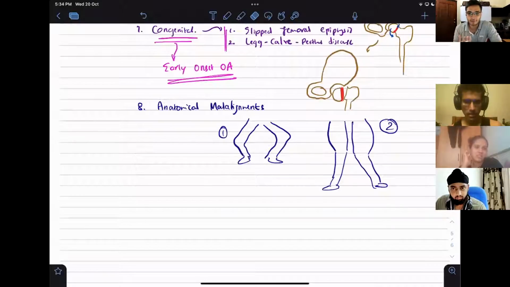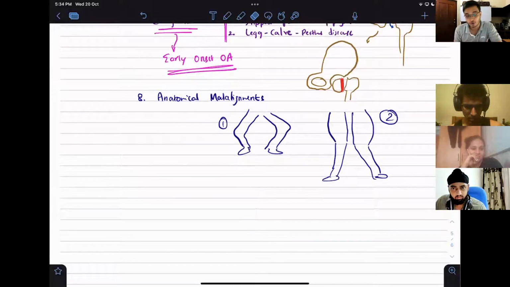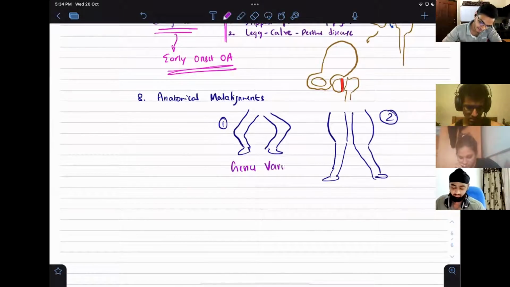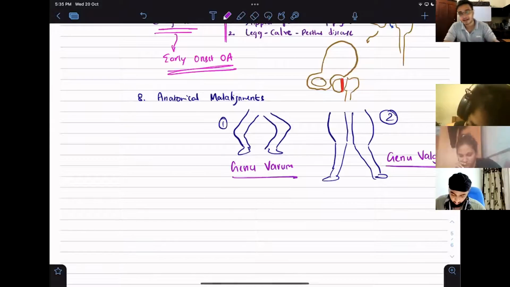If you want to scare the patient, if you want to show that you know some extra terms, what do you say? You have genu varum, genu varum, and genu valgum. Okay, varus and valgus deformities, right?